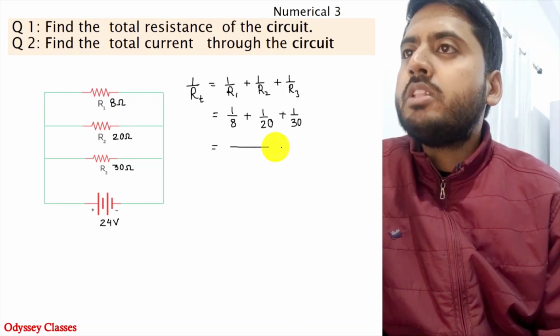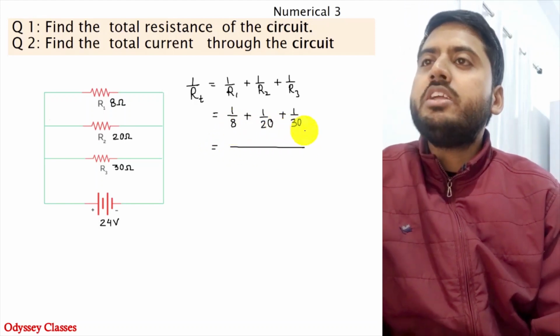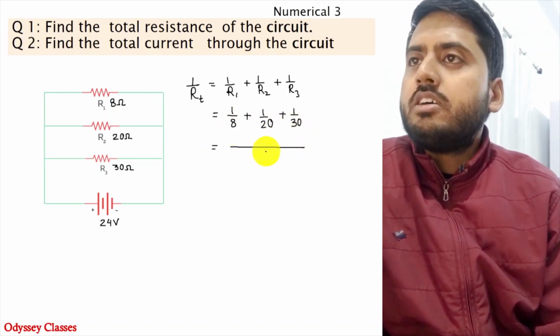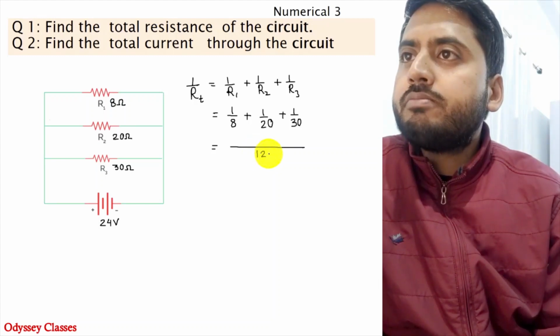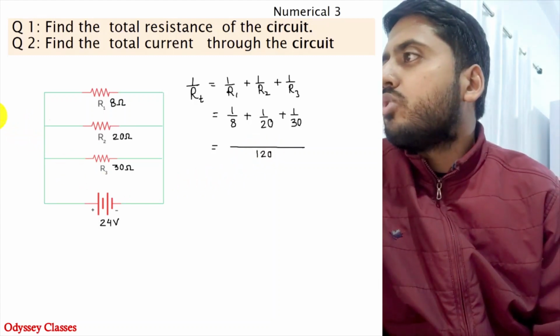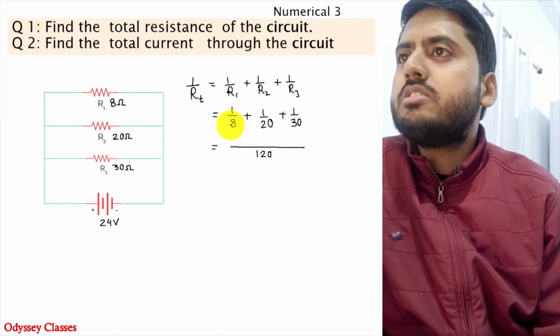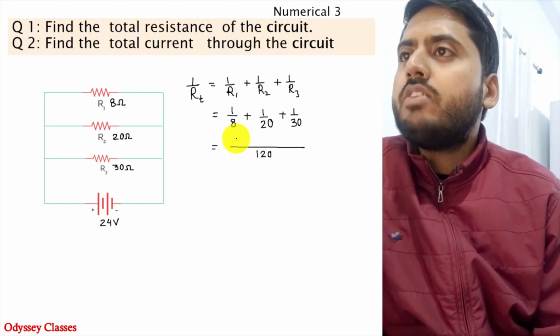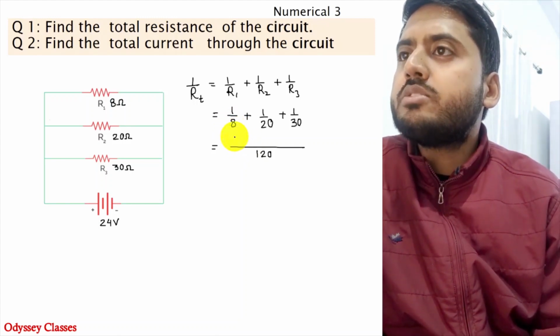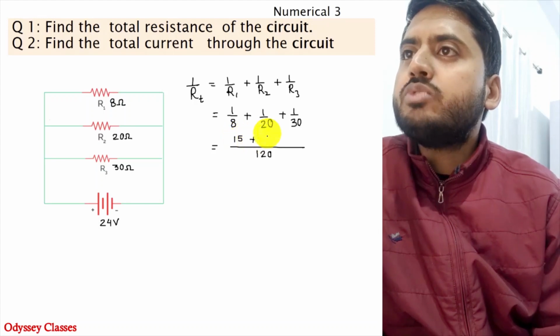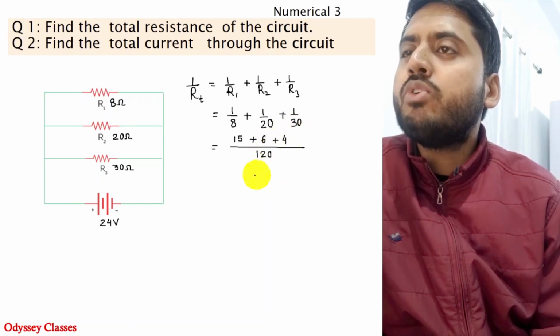So what will be the LCM of 8, 20 and 30? It should be 120, right? So if I now solve this further, I will be getting here as 15. This will be 20 times 6, so this will be 6, and 30 times 4, so this will be 4.